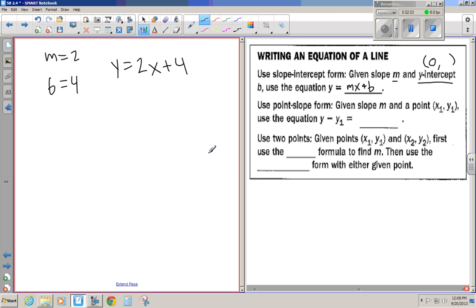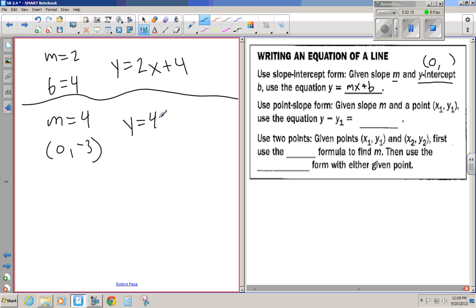That's your equation of a line. No work required. If it tells you that the slope is 4 and a point is (0, -3), well, you know the slope, y equals 4x, and you know the b value is -3. Equation is written.